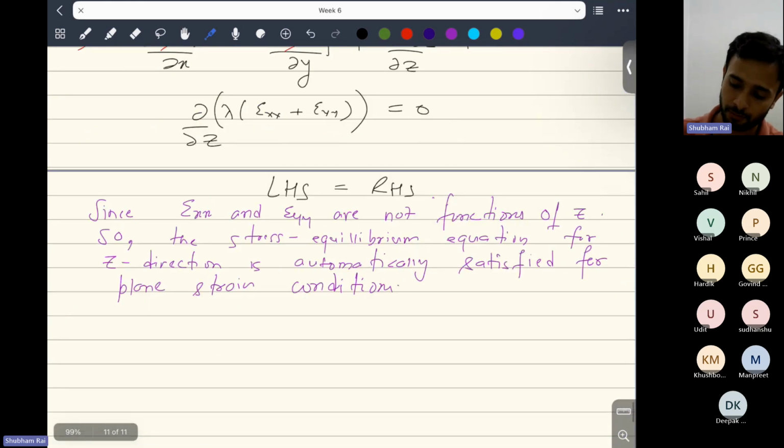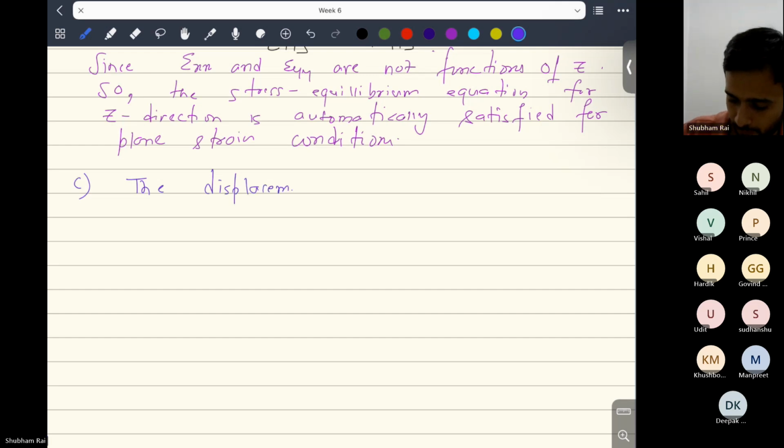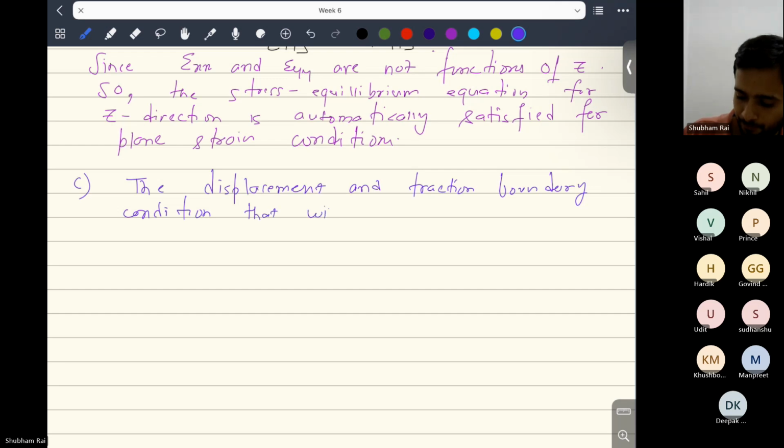So let me write these four boundary conditions. Let me solve part C. The displacement and traction boundary conditions that will be used to solve this problem are as follows.